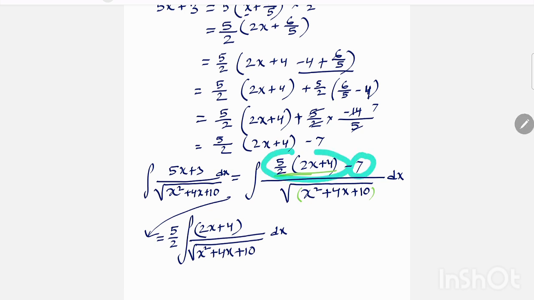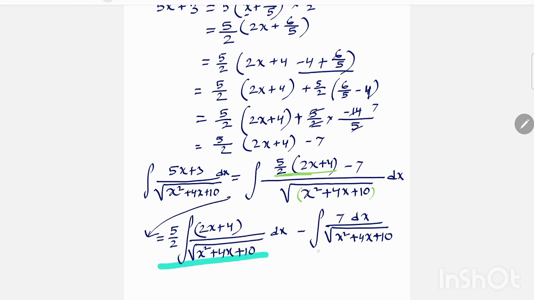So I can write minus integration 7 dx by root over x square plus 4x plus 10. So now we got two integrals here. This is the first one, and this is the second one, right?